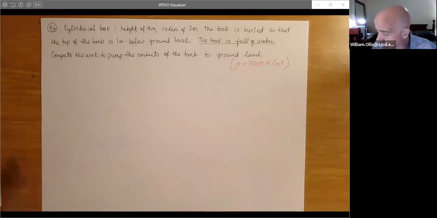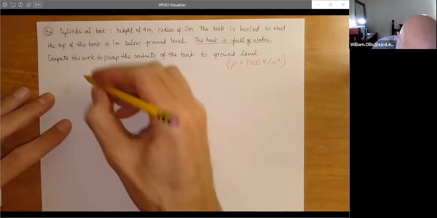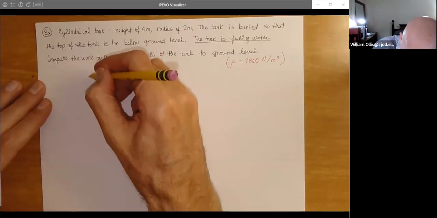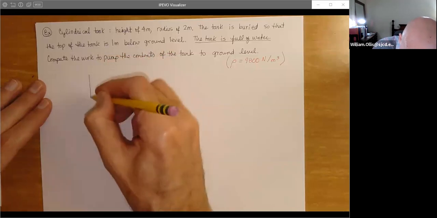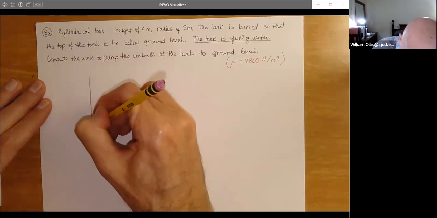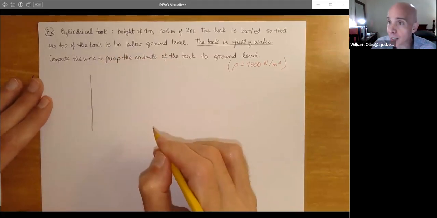So now what we can do in this particular case is sketch this like we did for the rectangular tank to notice what the geometry is. Just like in a physics class, you orient the geometry so that it's easy to assess.